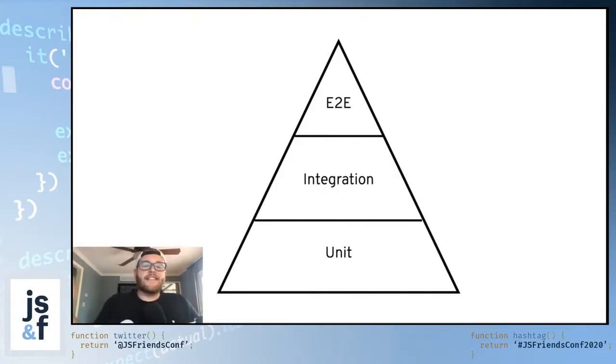Obviously, at the top of this triangle, it's much smaller than at the bottom. And part of that is for multiple reasons. One is that you're going to have a lot less end-to-end tests mostly because they're going to be more difficult to write, so they're going to cost you more, and they're going to be slower to run.